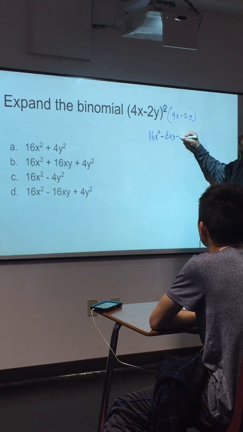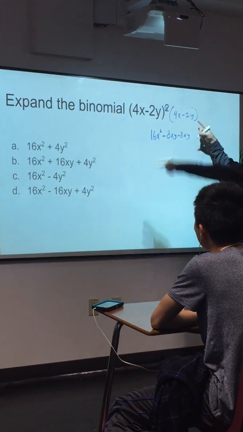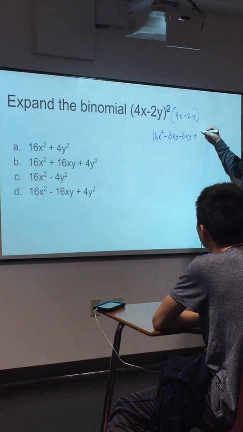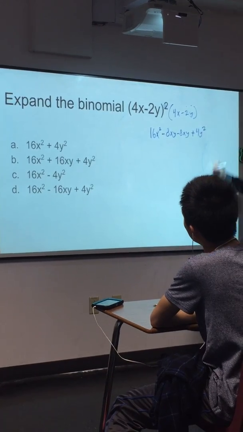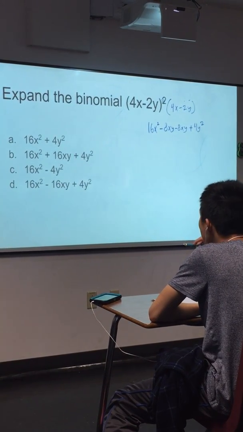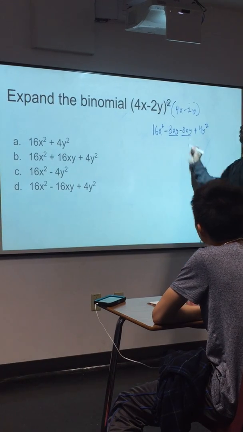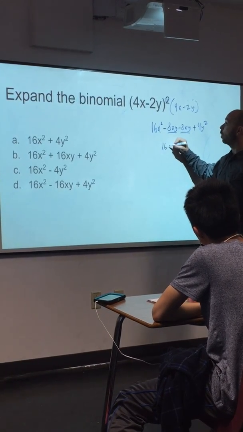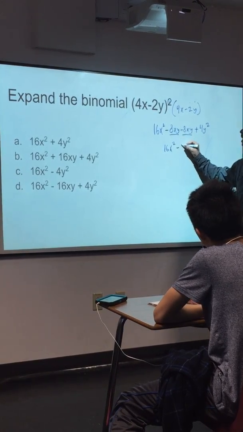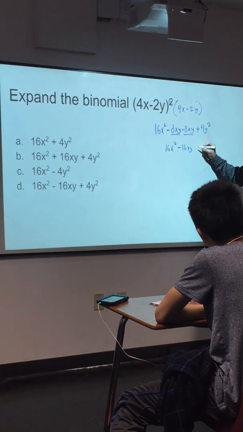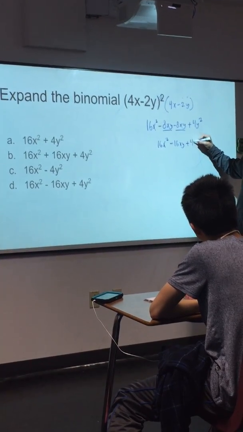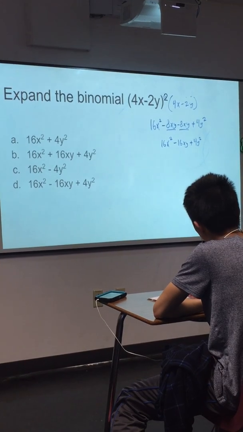Inner terms, minus another 8xy. Last terms, plus 4y squared. One last step, what is it? We're going to combine the middle terms, or if they were opposites, we would cancel them. But here they create a middle term: 16x squared minus 16xy plus 4y squared.